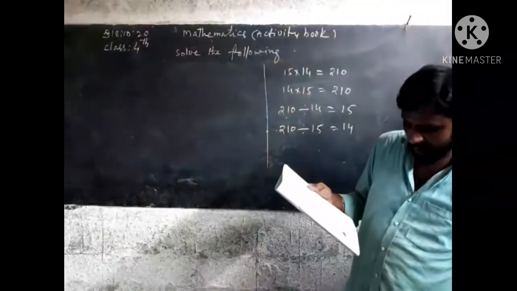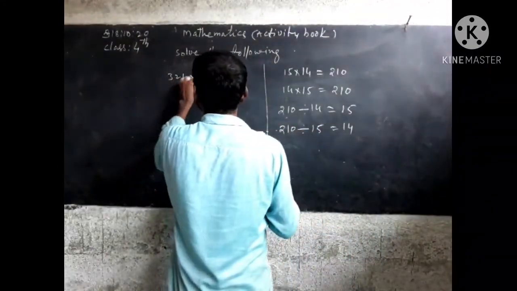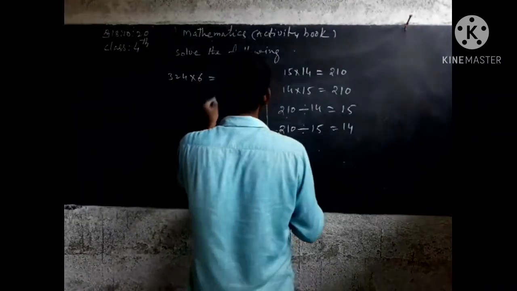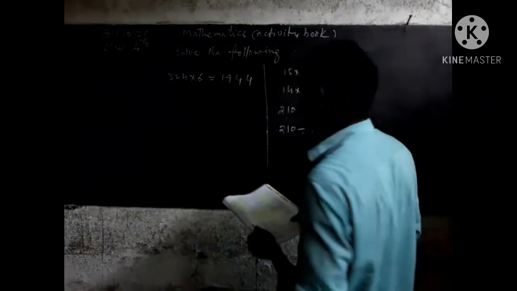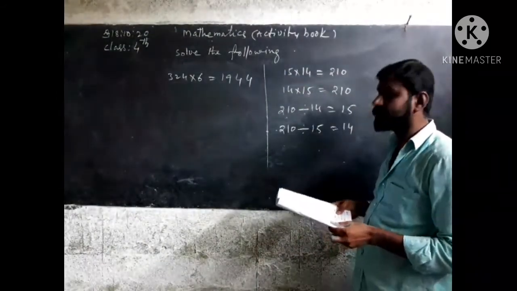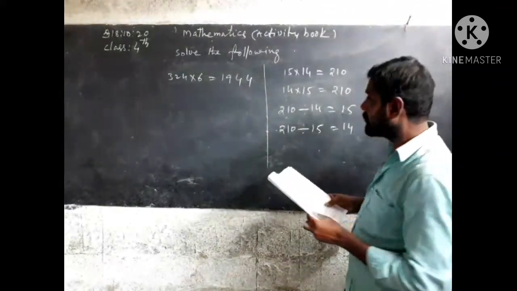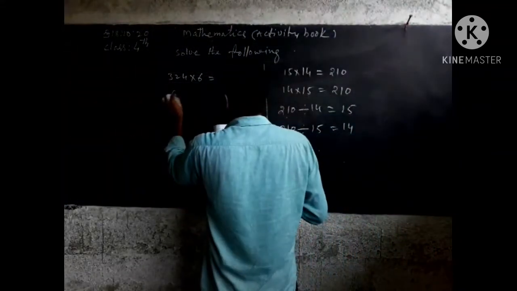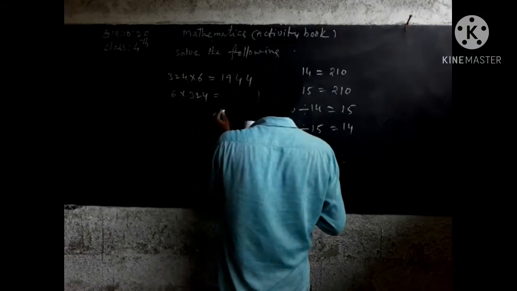Now next, 324 into 6 is equal to 1944. Here 6 into 324 also, what is the product?